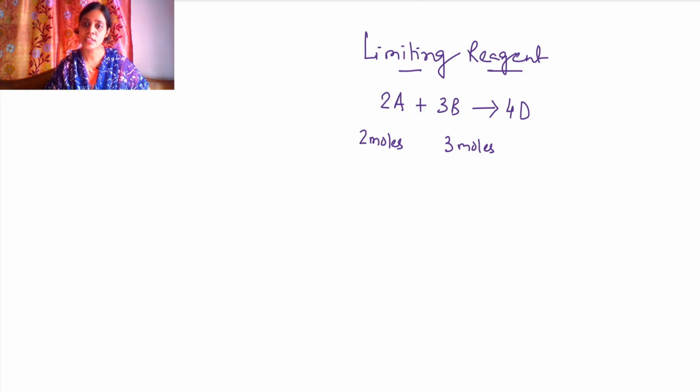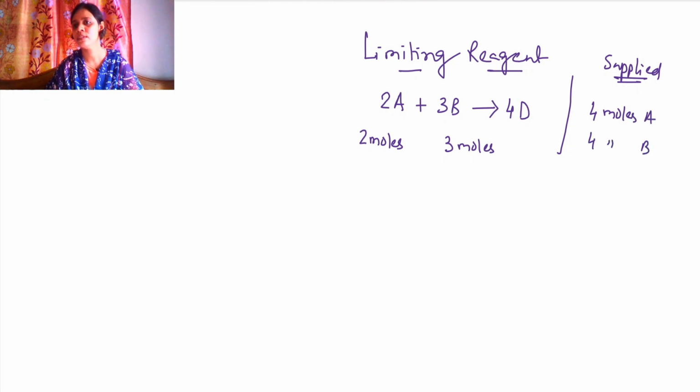Okay, now this is required for carrying out this reaction, but the supplied amounts are like this way: 4 moles of A supplied, and 4 moles of B also supplied. So supplied amounts of A and B are both 4 moles.